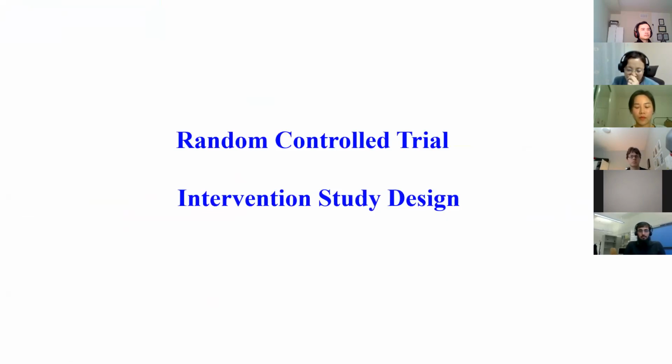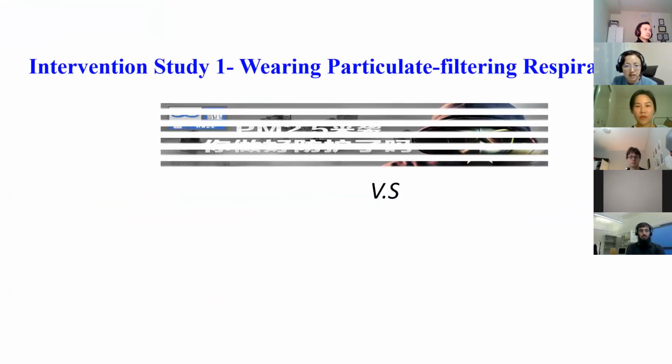We did this intervention based on the concern of how we could provide scientific evidence for people who are going to face a relatively long time of air pollution. Although the government has already done a lot to control air pollution, it probably will not decrease rapidly in a short time. So we need to take some measures to protect health.